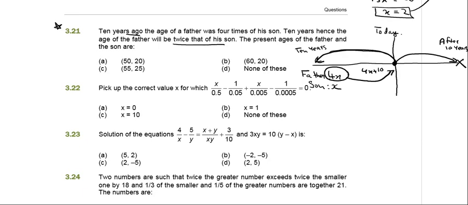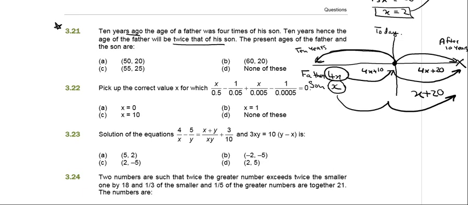And if we want to know his age 10 years after today, it will be 4x plus 20. Like my son was x years old 10 years back, so he will be x plus 20 years old 10 years after today.